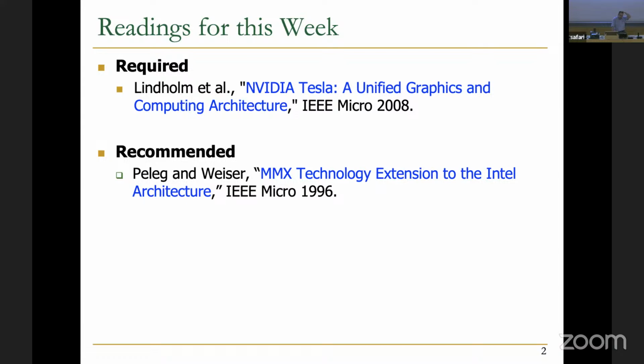The second one is also recommended, which is the extension to the instruction set architecture for Intel systems, such that they could provide SIMD instructions. We're going to learn about SIMD and how we can benefit from it, and also the modern architectures that provide that extension.